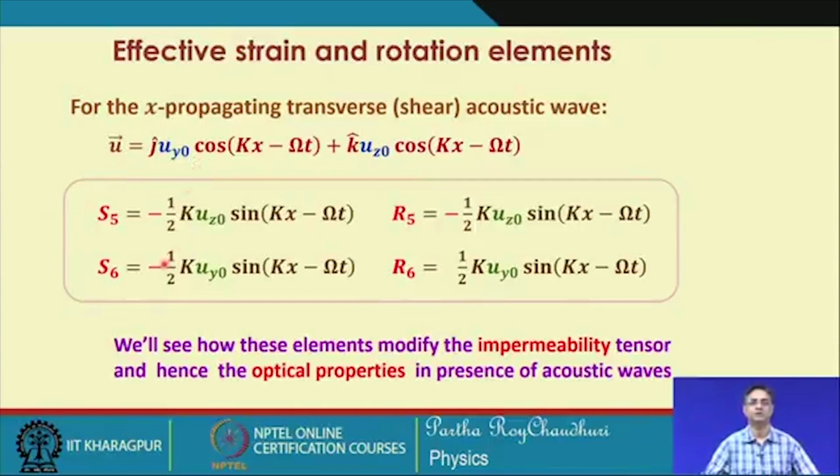Then we will see, using this polarization of the shear acoustic waves, how these elements modify the impermeability tensor, and this impermeability tensor in turn modifies the optical properties, which is manifested by change in the refractive indices in the 3 mutually perpendicular directions, depending on the nature of the acoustic wave, particularly its orientation, and the elements of the acousto-optic tensor, the photoelastic tensor, in presence of the acoustic wave.